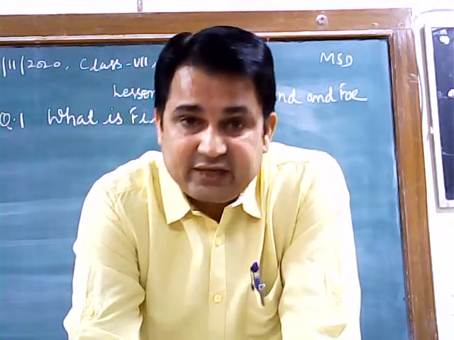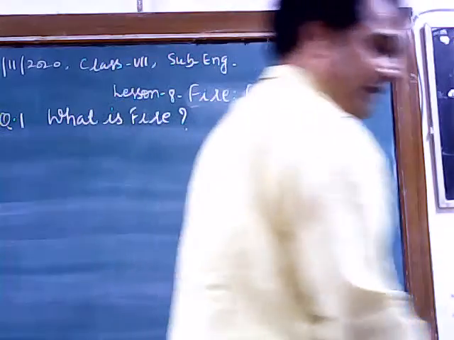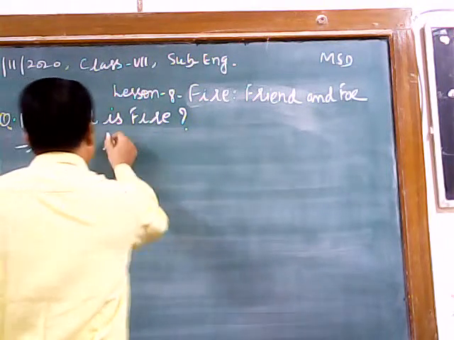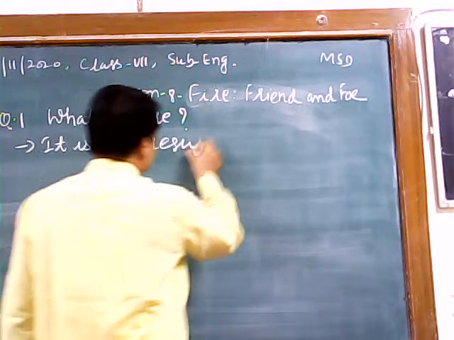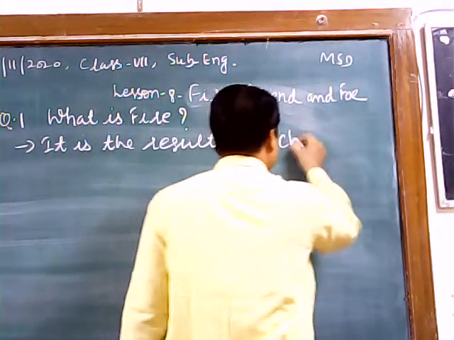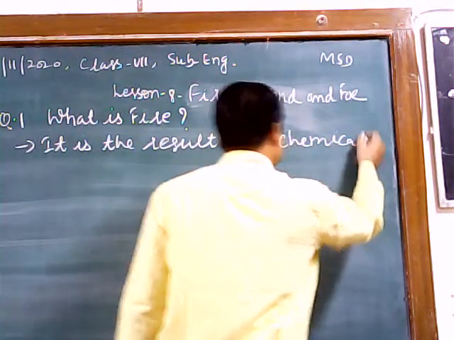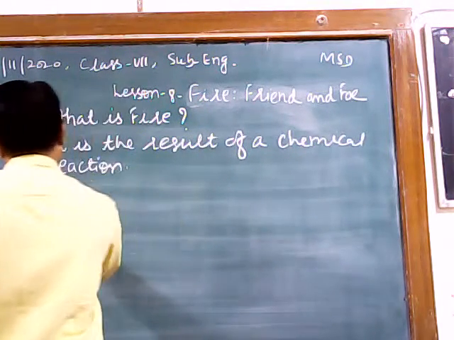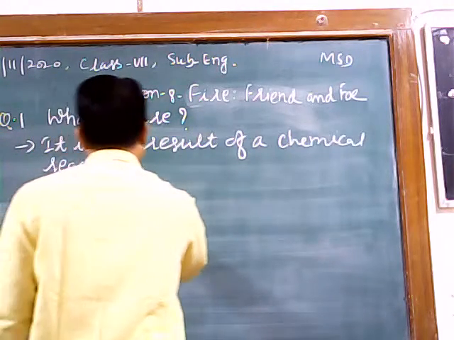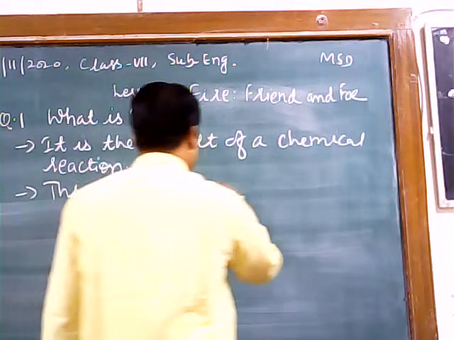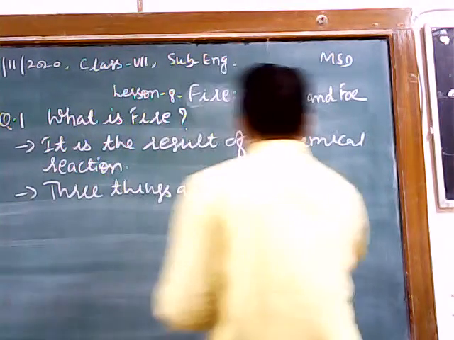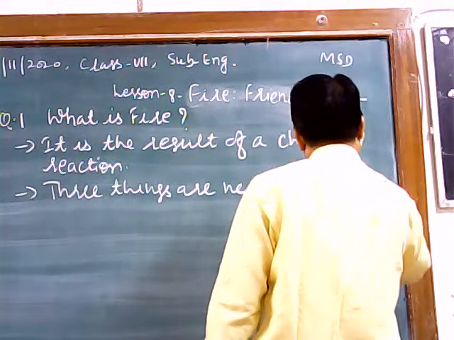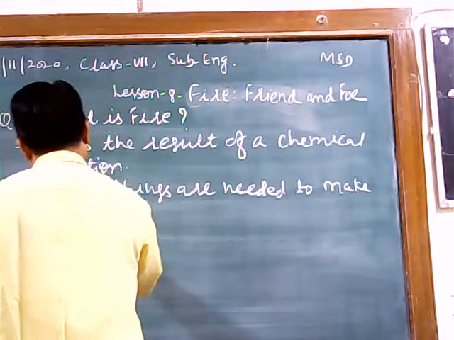Three things are needed to make a fire. How many things are needed to make a fire? The story begins with the question, what is fire? Then what is the answer? It is the result of a chemical reaction. Three things are needed to make a fire.